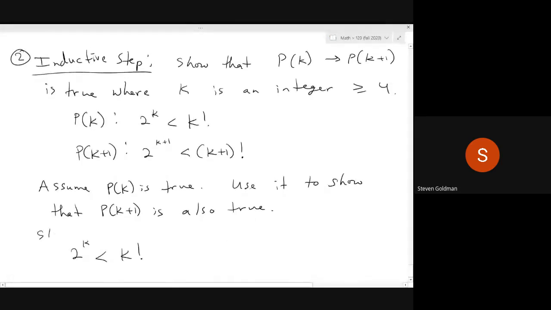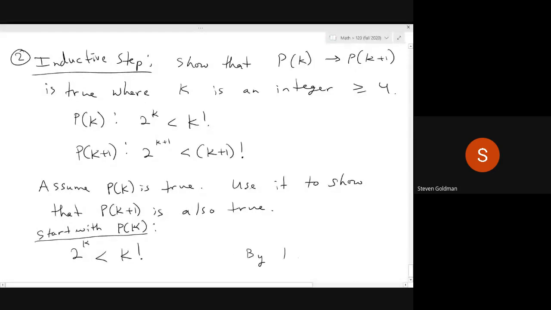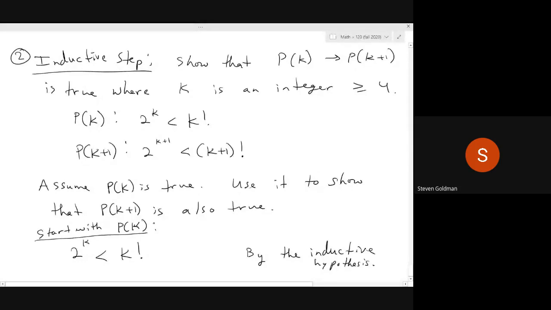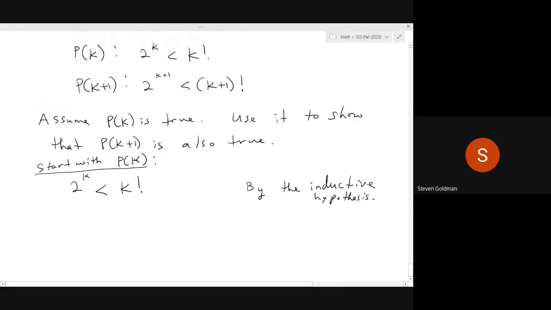So let's start with P of k, and that's by the inductive hypothesis. I'm going to go step by step, and write down what I'm doing on the right-hand side. We're starting with the assumption, our inductive hypothesis, that 2 to the k is less than k factorial.